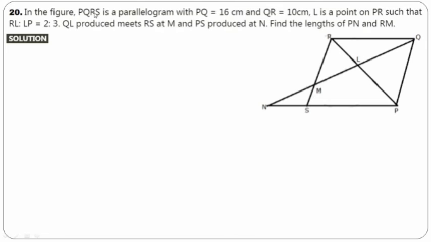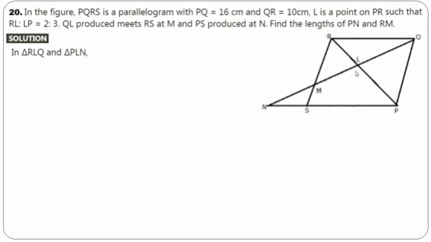Now first and foremost, parallelogram is given, so obviously the opposite sides will be parallel. That means if there are opposite sides parallel, then obviously there comes the role of your vertically opposite, alternate, corresponding angles and all. So let's observe triangle RLQ, that is this triangle, and PLN, so this triangle and this triangle.